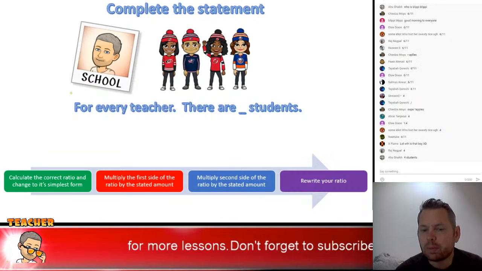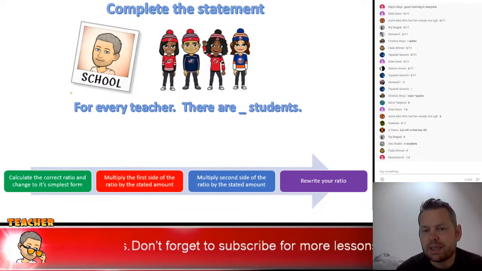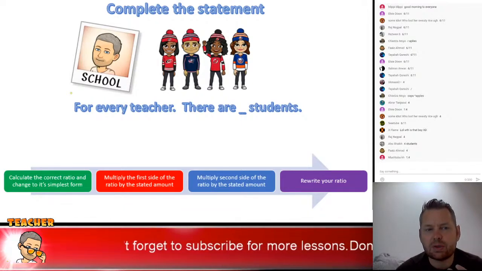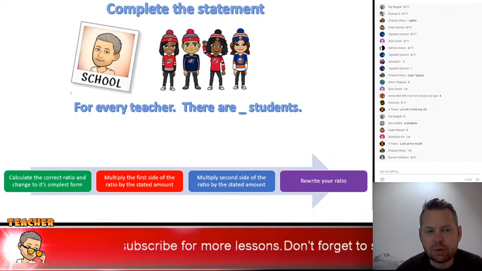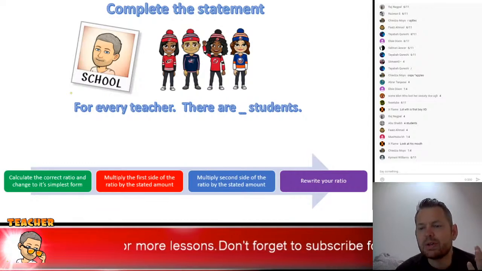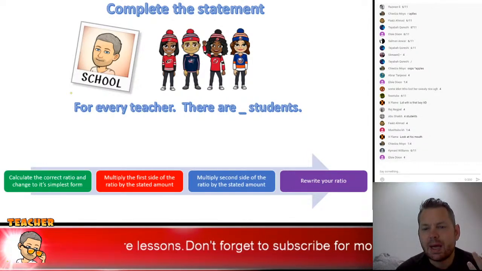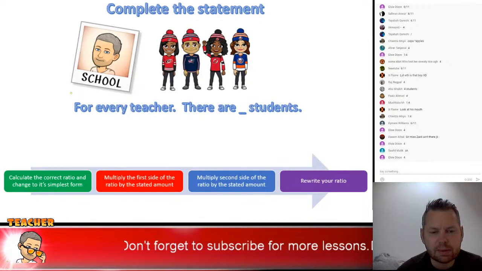Okay. So we're going to move on and we're going to try and use multiplication to solve a ratio problem. So you can see on the screen that there is a picture of my face and also there are some students. So for every teacher, I'm the teacher, the person in the school photo, there are X students.